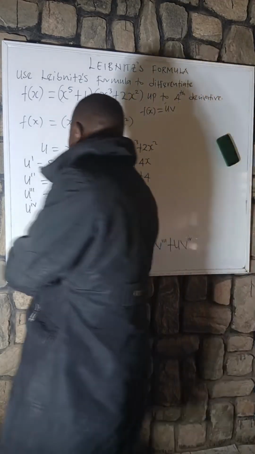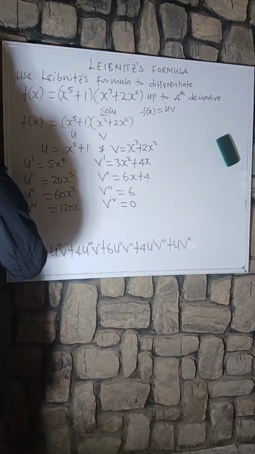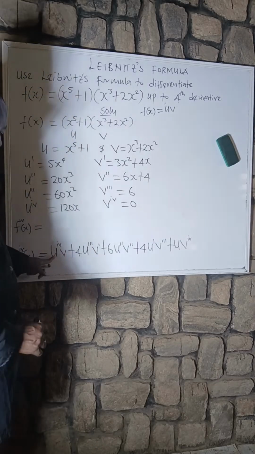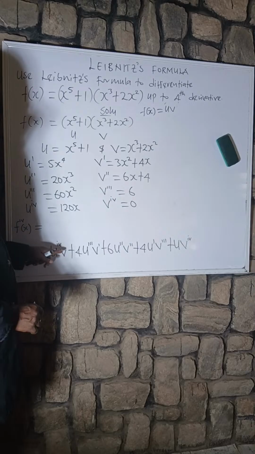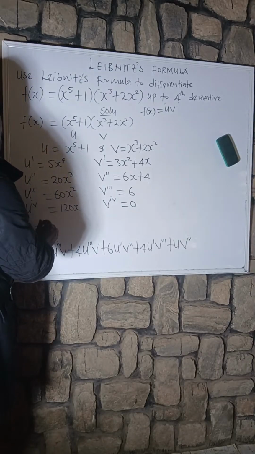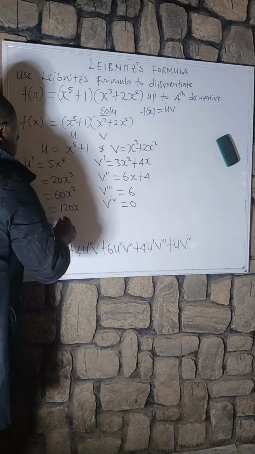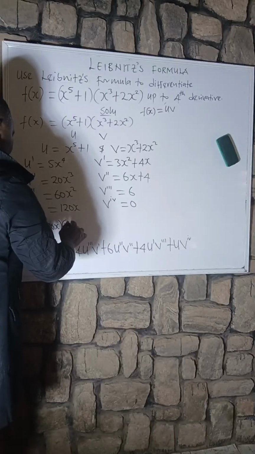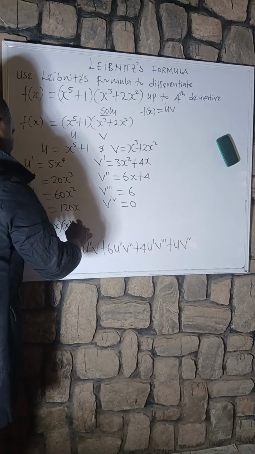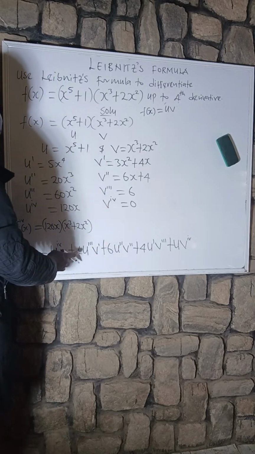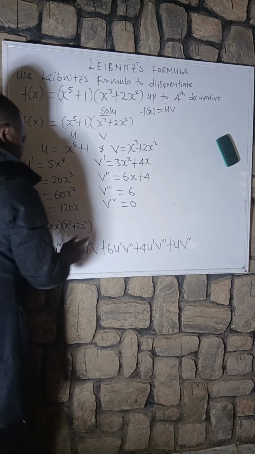So like this, f^(iv) of x will now be equal to, our u^(iv) is this, 120x times v, the ordinary v is this, x raised to the power 3 plus 2x raised to the power 2. Then what do you have here?